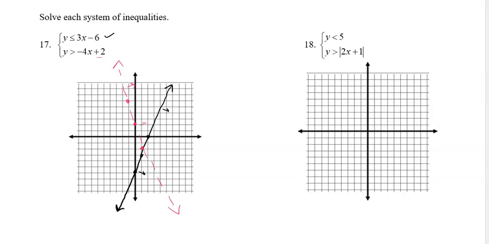So I'll be shading over on this side. What I care about is where red and black come together. And you can kind of see that they come together right here. Black below, red above. So the overall answer is going to be the yellow area on this right side, above the red dotted, but also below the black solid.